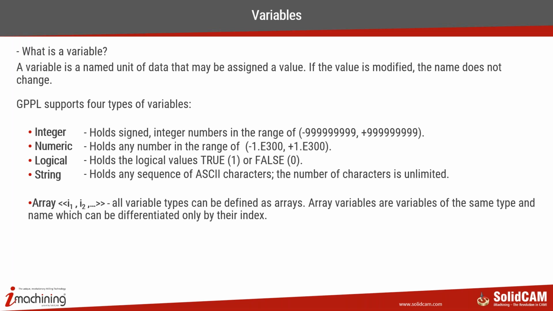And all of those variables can be defined as an array. Array is a more advanced type of variable. It is used a lot less, but the easiest way to describe it is as one variable, but it has levels.